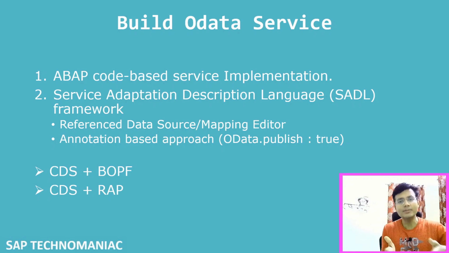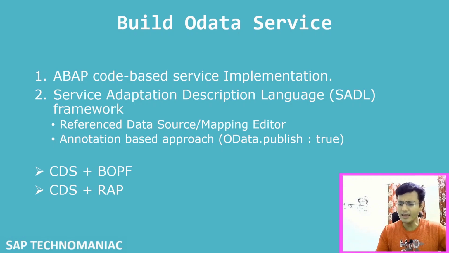For that, we need something else. We will use CDS along with the BOPF framework or CDS along with the RAP framework. That also we will see in an upcoming new playlist, where I will teach end-to-end RAP, or we can say first we will go with Fiori elements list programming, where that is the newer ABAP, how it should work. The newer framework of ABAP we are going to see in upcoming playlists.